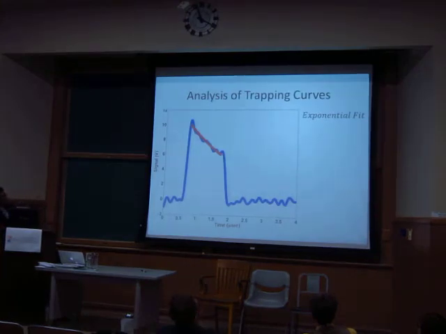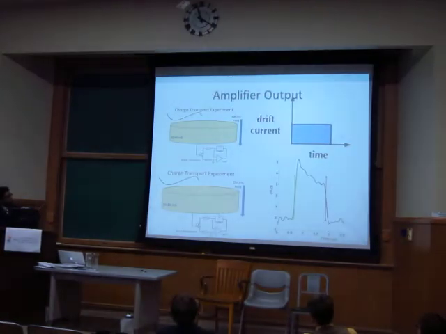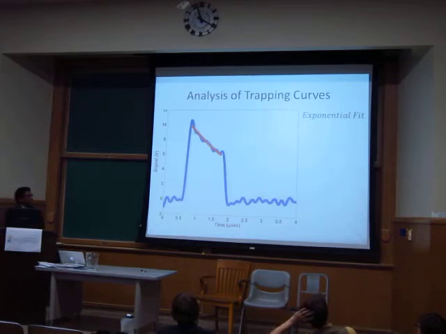So I have the same graph right here again. This is what we do after the fact. After the experiment's done and we've collected all this data, we go in and fit an exponential on top of this pulse. So here's an exponential. The tau that we have there, e to the minus t over tau, we call the trapping time.